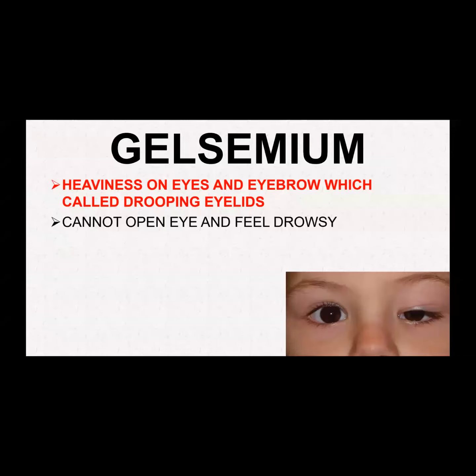It is not actually pain; pain is something different, and heaviness is different. In gelsemium, heaviness is more pronounced. So there is heaviness on the eyes and eyebrows, due to which many times the patient cannot open the eyes. That is also known as drooping eyelid.